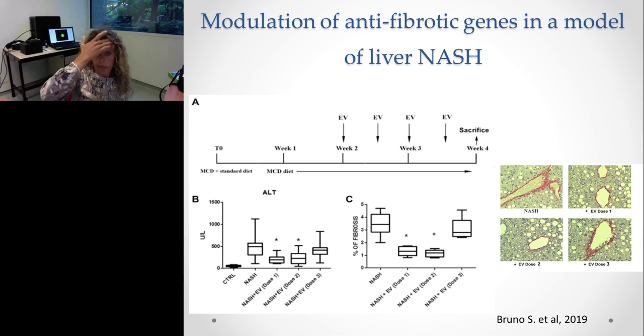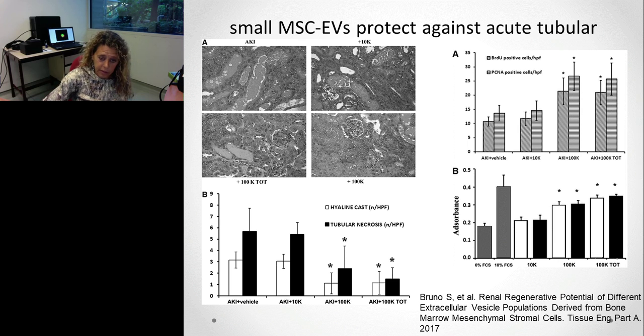So the comparison showed that indeed the 100K fraction was the main one responsible for the repair of the renal damage. The repair of the necrosis and of the casts was gained mainly using the 100K fraction rather than the 10K fraction, and that was very similar to what was obtained with the total EVs in the last column.